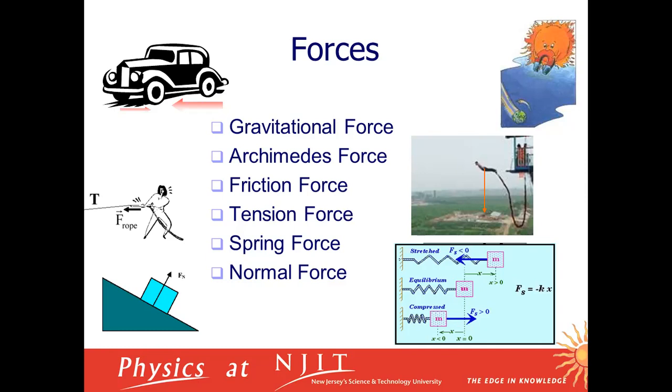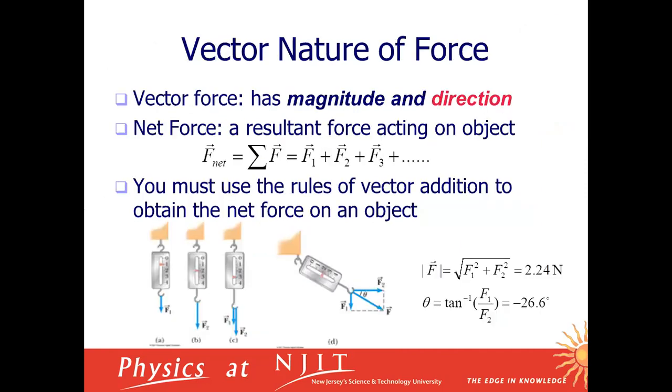Then we have spring forces applied on springs and bodies. Then we have normal force, which is usually equal to the weight, but this is on a case-to-case basis. Your normal force would be equal to your weight, or mass times gravity, of a block on an inclined or flat plane without any tensions acting on it.